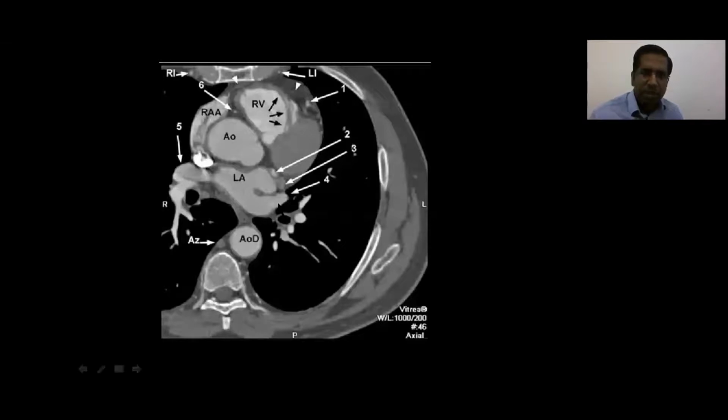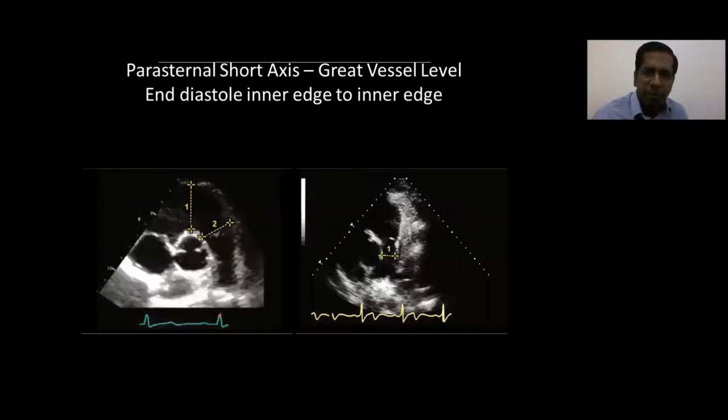So sometimes when you use other modalities also, it enhances our understanding of echo and of the structures that we are looking at. Now, this is at the great vessel level. The measurements that we take here are again important. This is not the same as the parasternal long axis view, though this is the proximal RVOT.